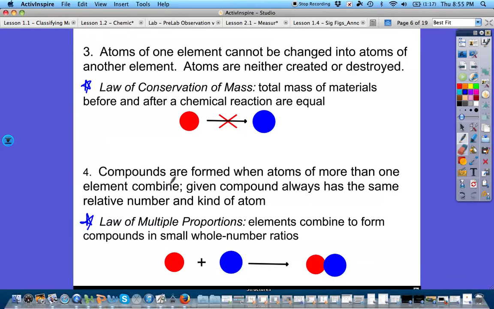So let's go back up here. Compounds are formed when atoms of more than one element combine. If you remember from that classifying matter activity, we were looking at shapes that were representing our atoms. And so if you had a square and a circle that were chemically bonded together, this was a compound.